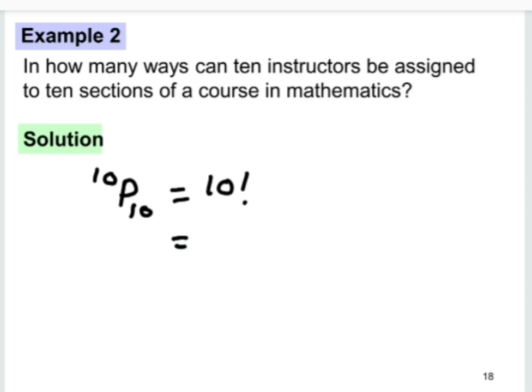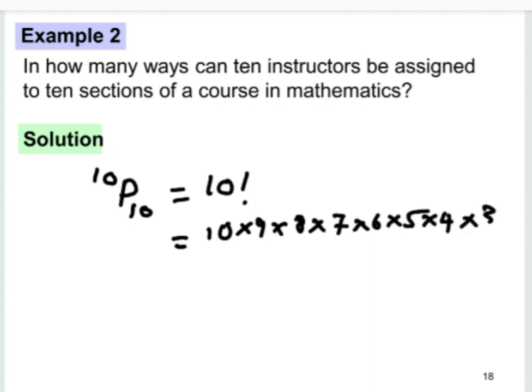We can use the multiplication principle: 10 times 9 times 8 times 7 times 6 times 5 times 4 times 3 times 2 times 1. We obtain the answer 3628800.